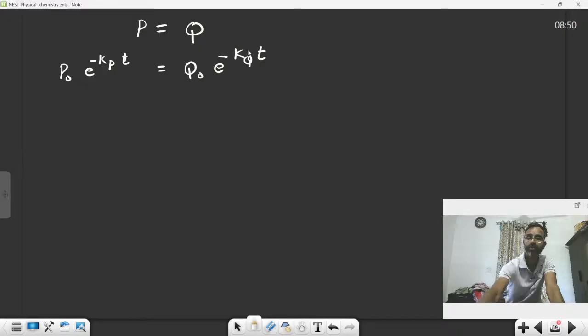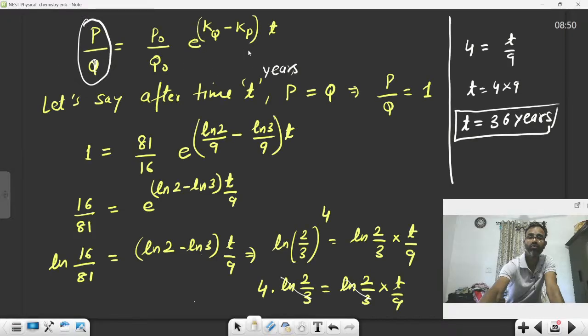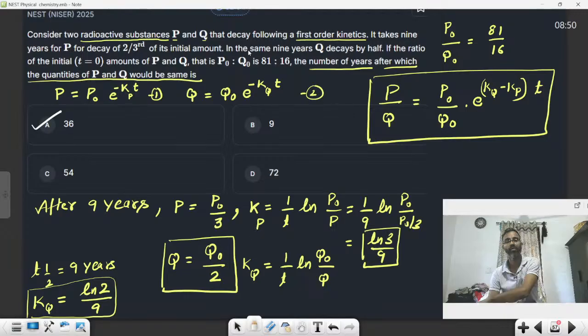Means our aim is to calculate time t, after which quantities of P and Q would be the same. Okay.